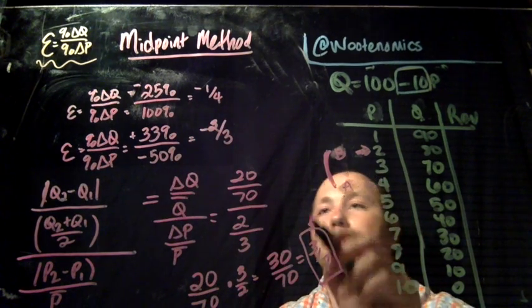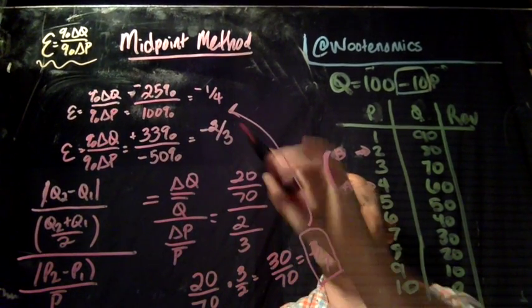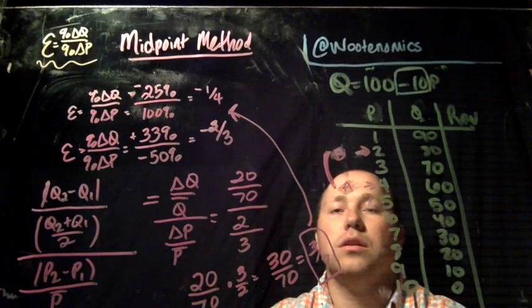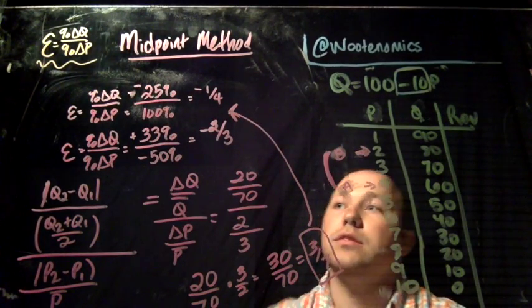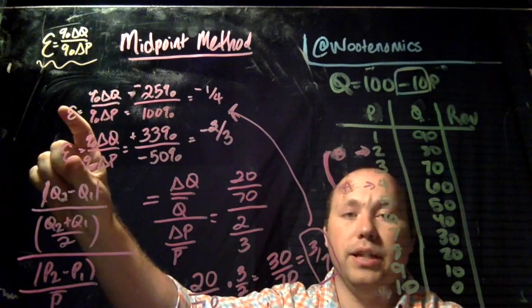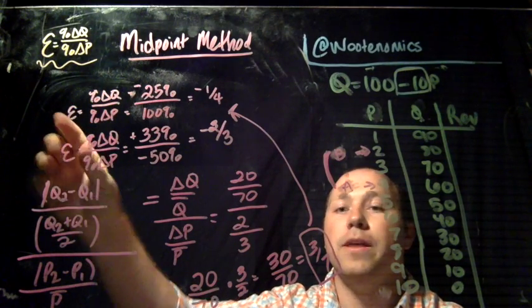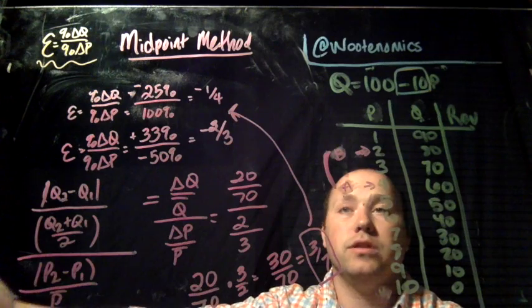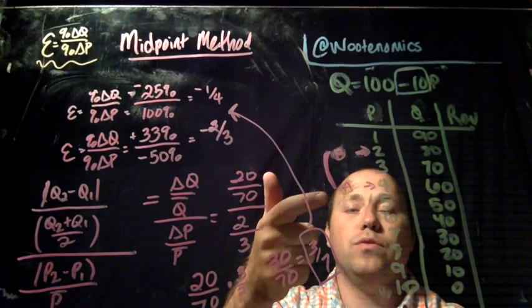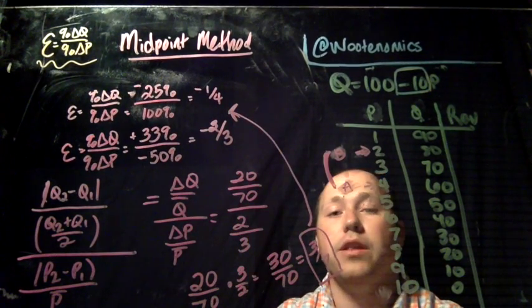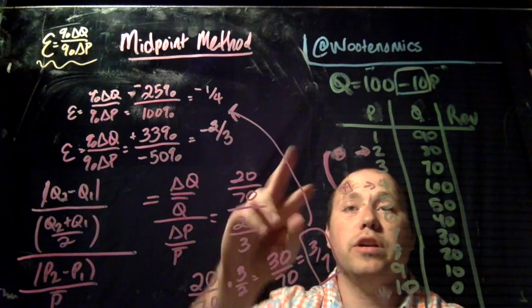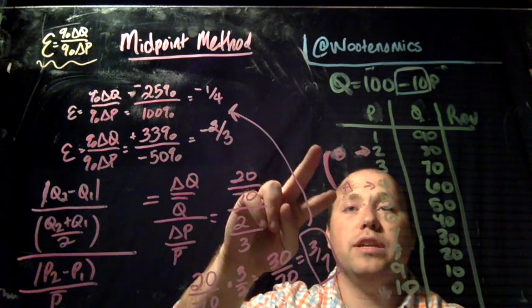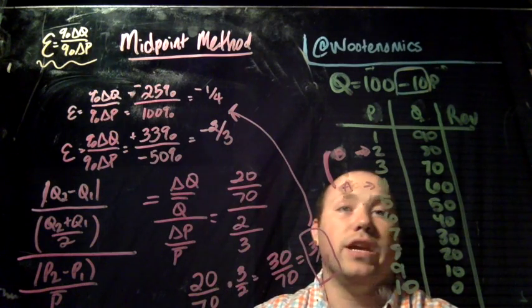What you'll notice is 3/7 is right between 1/4 and 2/3. The idea here is if you were calculating a price point elasticity or a normal elasticity, your starting value matters. It depends on whether you're going from 2 to 4 or from 4 to 2. The midpoint method is saying, okay, what if we don't know where we're starting, or we're interested in the elasticity over that range?